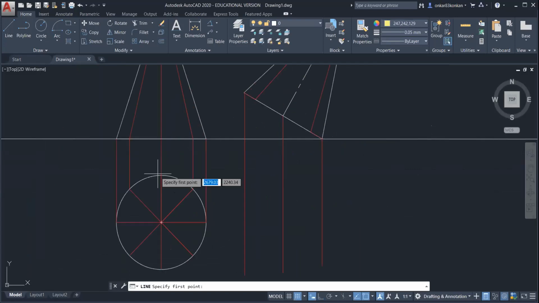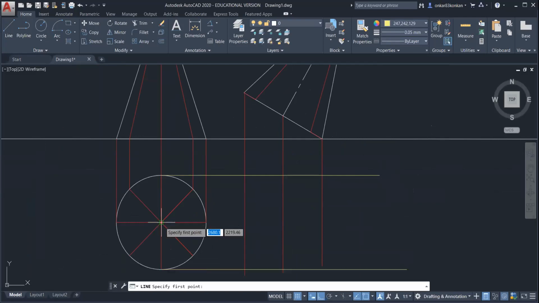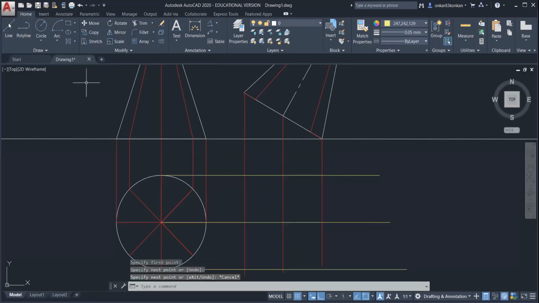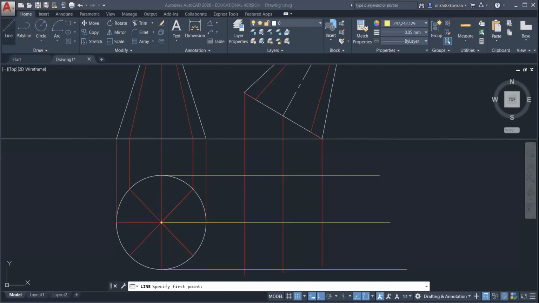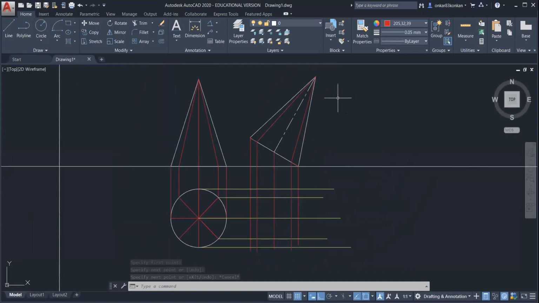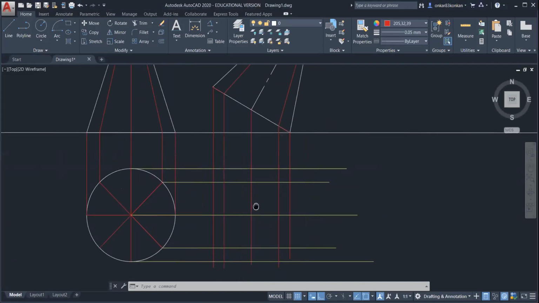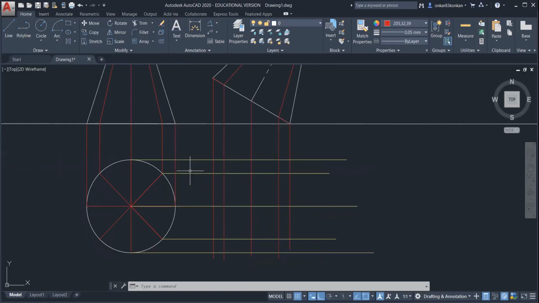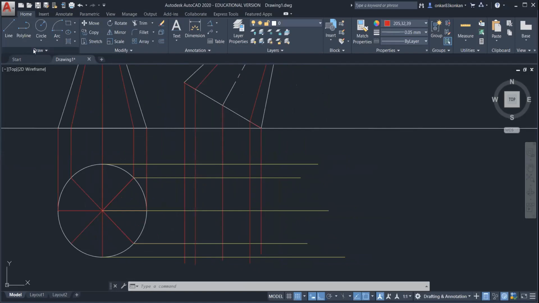Now you can take the projector from the first stage top view. Find out the intersection points for the projector from the front view and the corresponding projector from the top view, and then join all these points by a continuous curve.